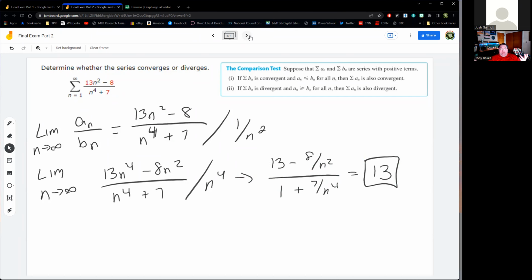Since 13 is a finite number that is greater than 0, they both converge or they both diverge. Since I know 1 over n squared, so b to the n, converges, that means a to the n also converges. That's the limit comparison test.